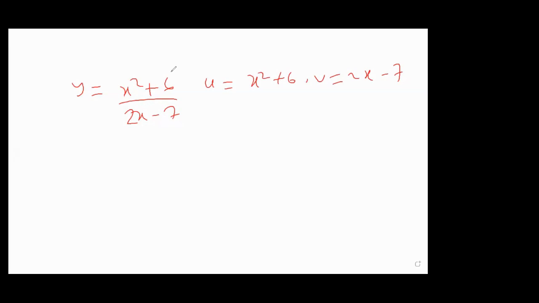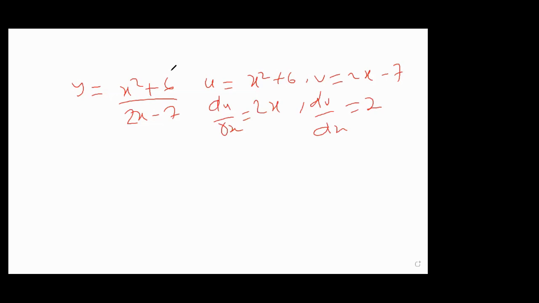Then u dx here will be 4x. Any problem with that? No. Then we now have v dx. This will give you 2. Any problem with that? No.